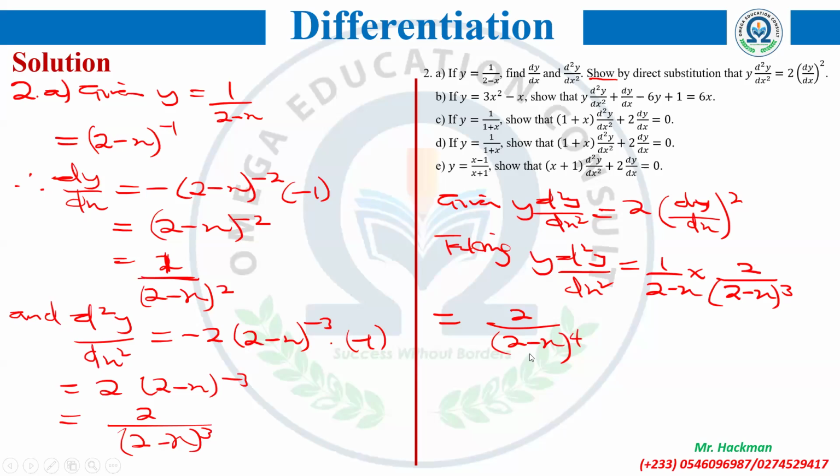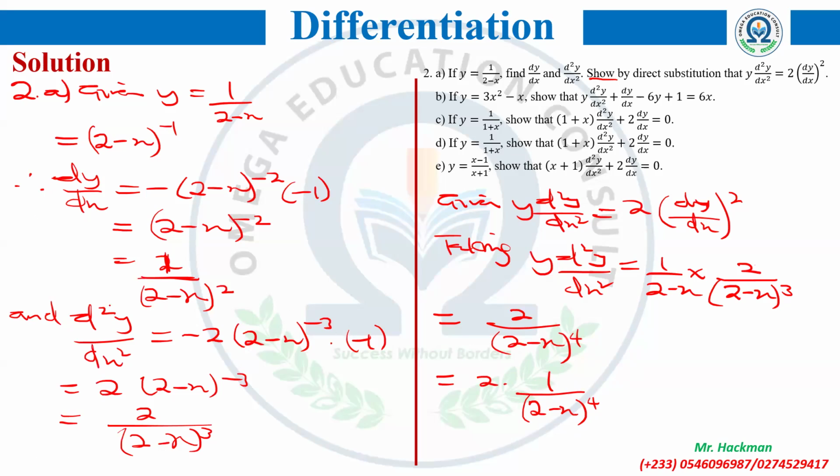But I want to manipulate. I want to work with one side to get the other side. So I know that this is equal to 2 times 1 over 2 minus x all to the power 4. Do you agree? So what I have here is the same as 2 minus x, 1 over 2 minus x, the whole of that squared.